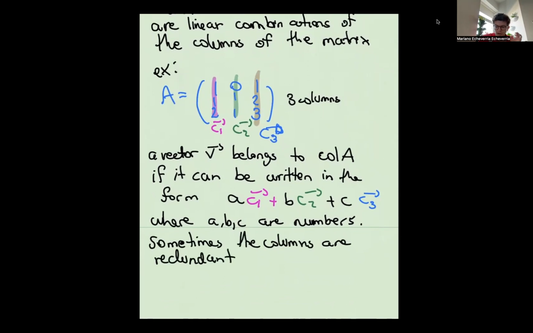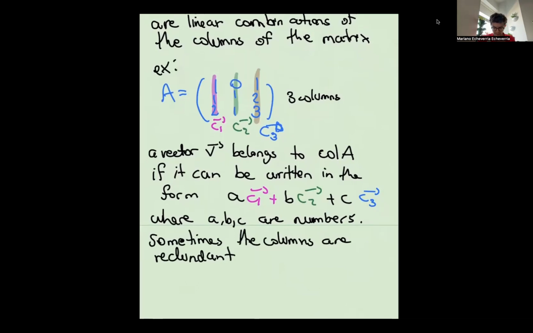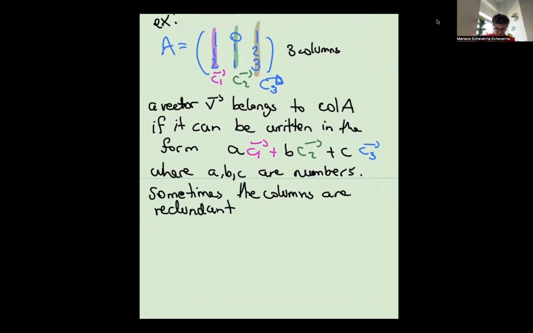The easiest way to see that is if you literally repeat the column. For example, if the matrix is 1, 2, 3, 1, 2, 3, where the two columns are the same, then obviously I only need to know one of them to know everything about the column space.